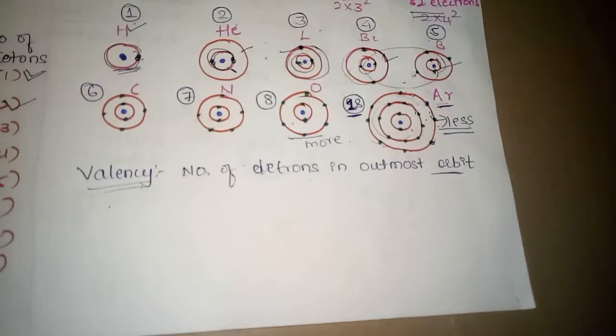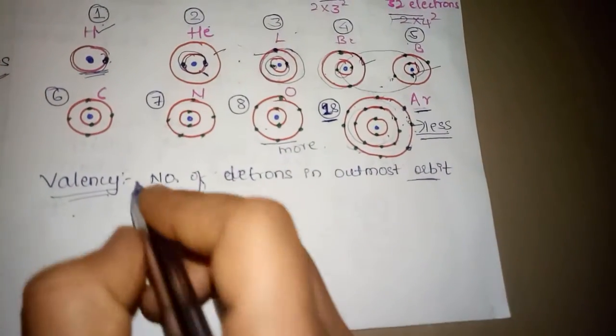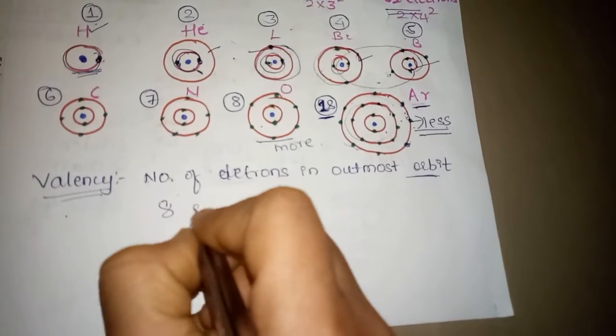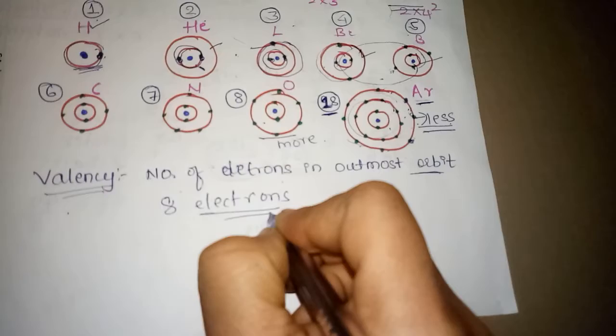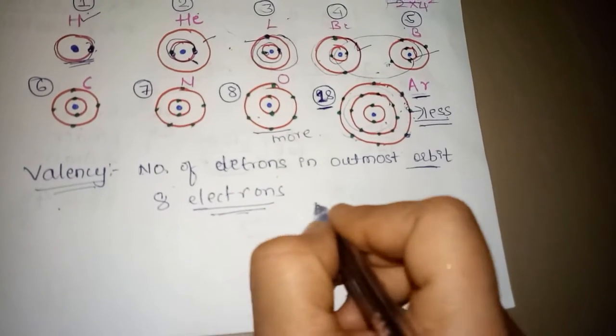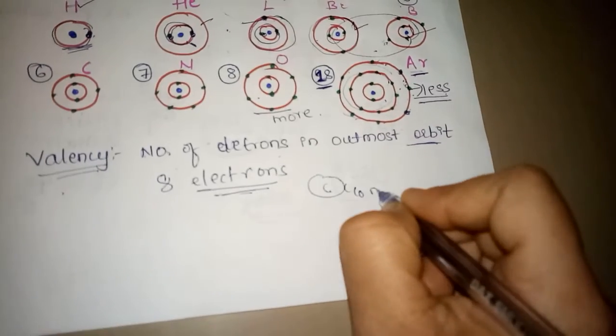Now this is the valency of electrons. To react with the atoms of other elements, it requires 8 electrons in its outermost orbit. If 8 electrons are combined together, then it can form a new compound.